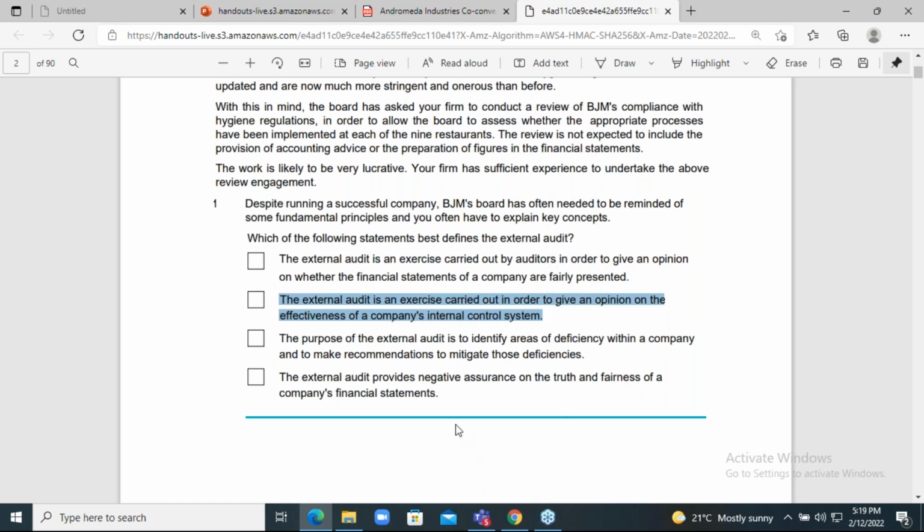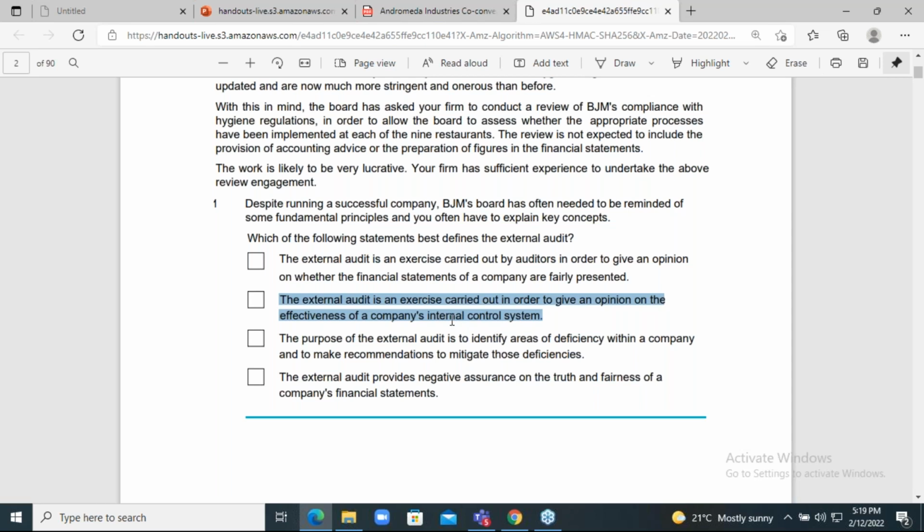Don't you think that the external auditor also works on the internal control system of the organization? Is it wrong that the external auditor will carry out some procedures and check the effectiveness of the company's internal control system? You have read in the chapter that the auditor is also going to apply tests of controls to evaluate the sales system, purchase system and payroll system as well.